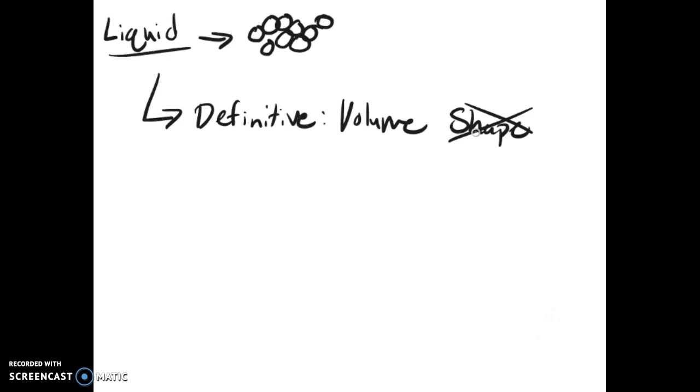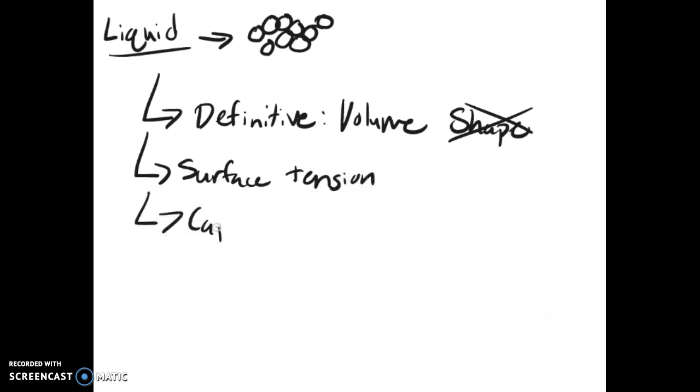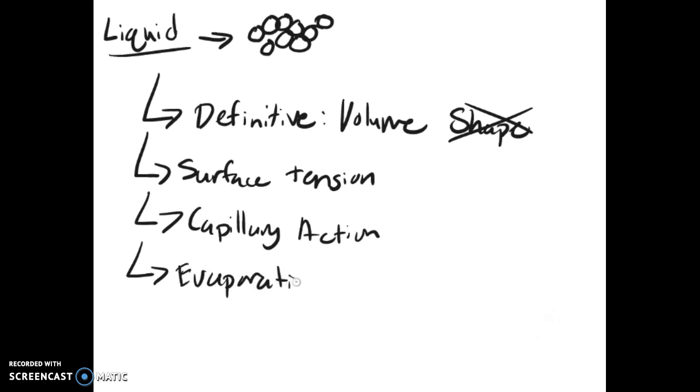They also have fluidity, which means they can flow, relative incompressibility, same as solids, good diffusion and a high density, and some other important properties of liquids are surface tension, capillary action, as well as evaporation, and we'll talk about the difference between evaporation and boiling.